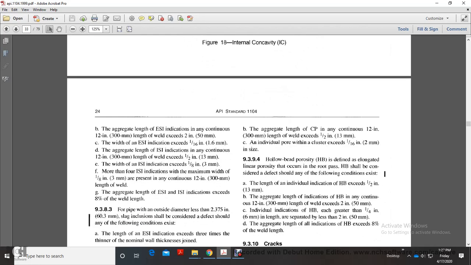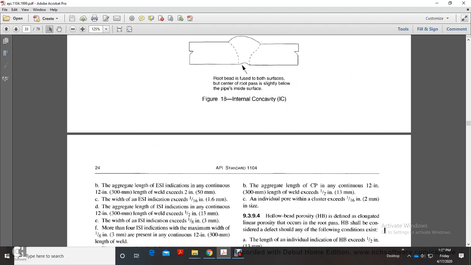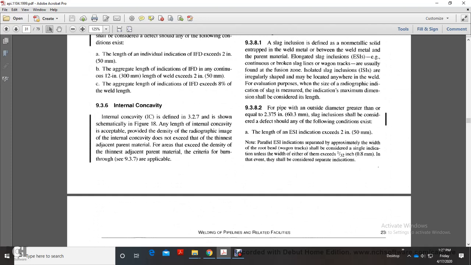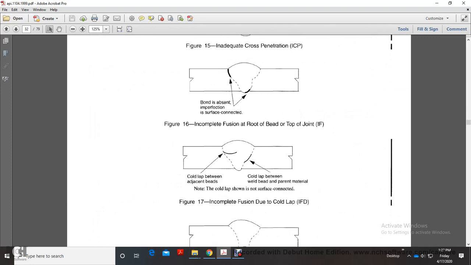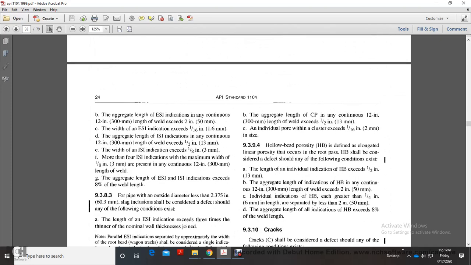The aggregated length of the elongated slag inclusion indications in any continuous 12-inch length of weld exceeds 2 inches. The width of the elongated slag inclusion indication exceeds 1/16 of an inch. The aggregated length of isolated slag inclusion indications in any continuous 12-inch length exceeds 1/2 inch.